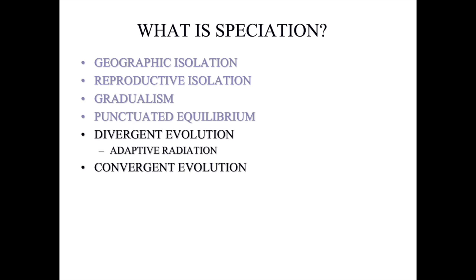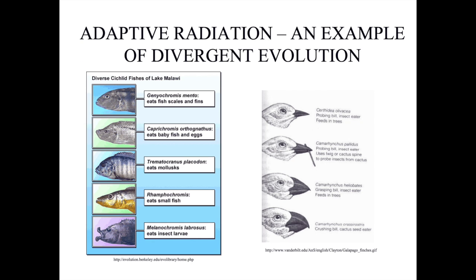Perfect examples of divergent evolution are the mockingbirds that Darwin found in the Galapagos. Each mockingbird had a little bit different beak. Some of them had curved beaks that were very, very long. Some of them had shorter beaks. Some of them were beaks that were used to crack seeds, so they were very compact.